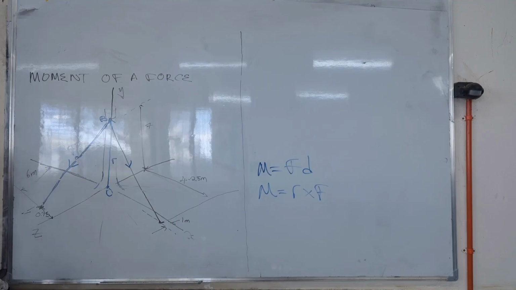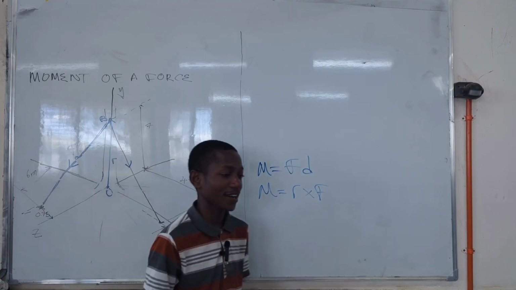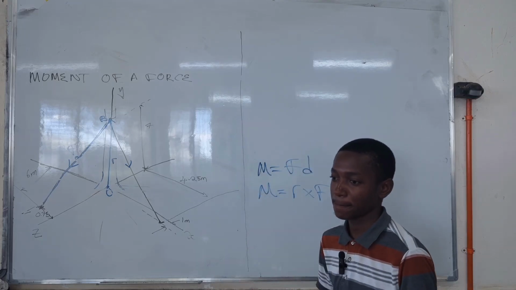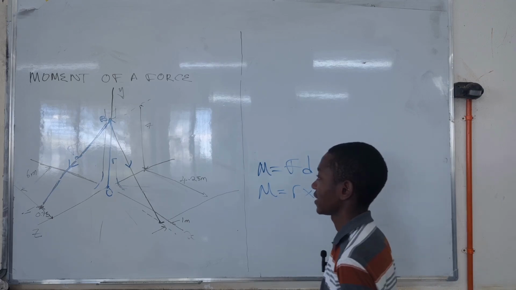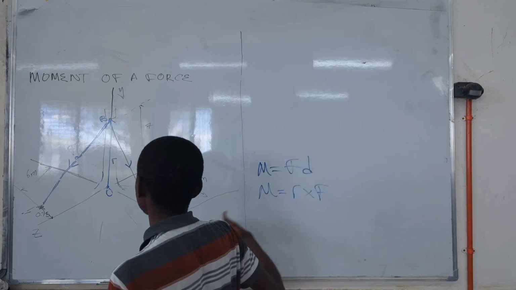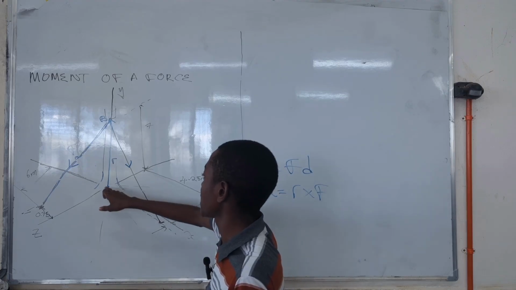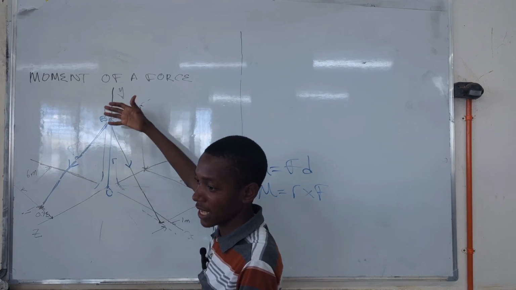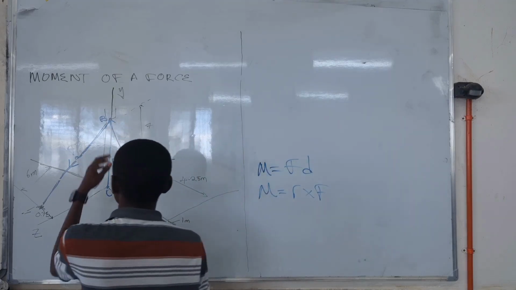So what is this R we're talking about? How do we find it? It's a position vector. You just move from the origin to this position. That's R. So you need to write that position vector.